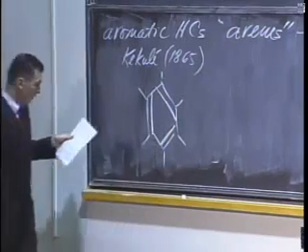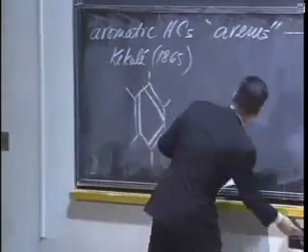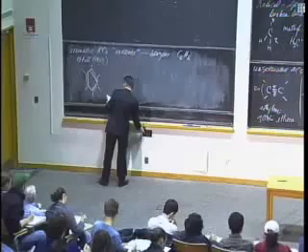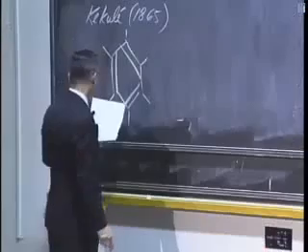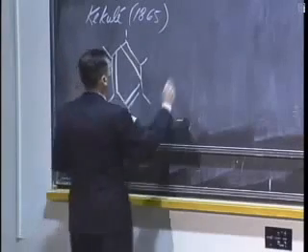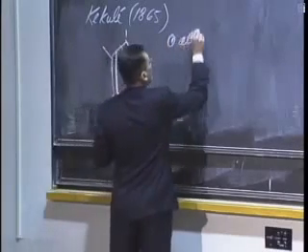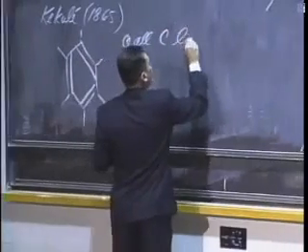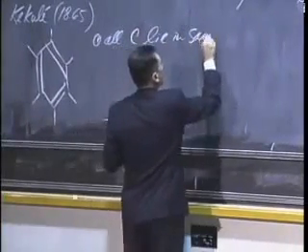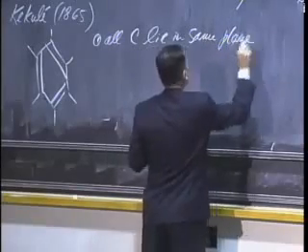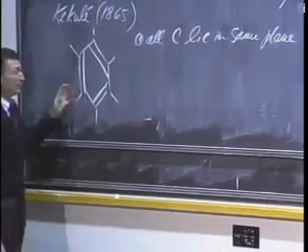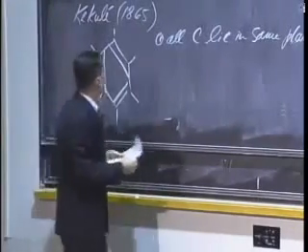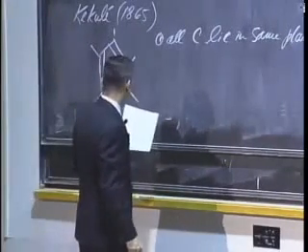This is the way things lay until the 20th century, when in the light of data, it became known from spectral evidence that, first of all, all carbons lie in the same plane. You can't have that if you've got alternating double and single bonds, because the single bonds are going to be coming out at something other than 120 degrees.